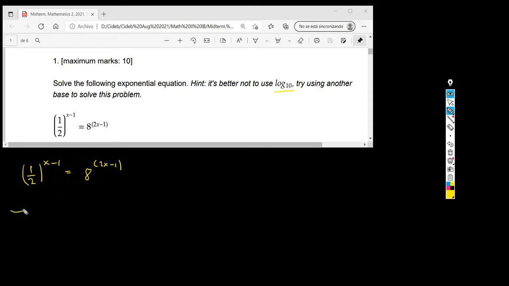So basically, logarithm base 2 of my left side equals logarithm base 2 of the right side.